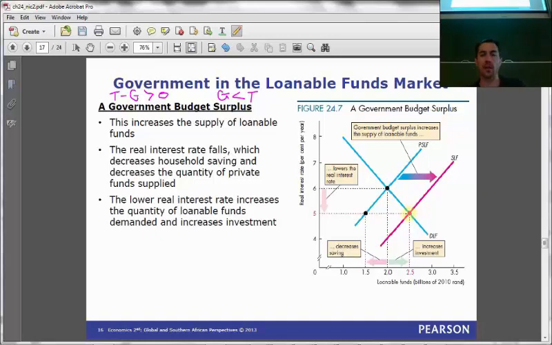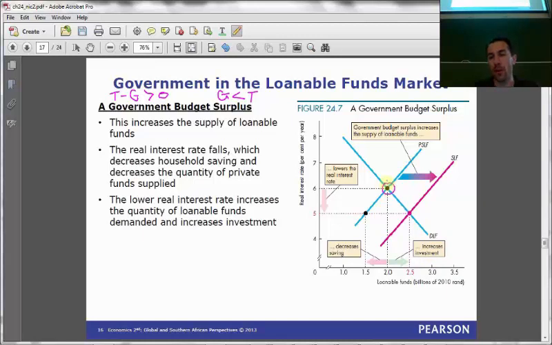So in other words, an increase in the equilibrium quantity of loanable funds exchanged in the market, which means we have a higher level of investment. Remember, demand for loanable funds is determined primarily by investment. As we move down our loanable funds curve, as we are borrowing more money, we are investing in more products.